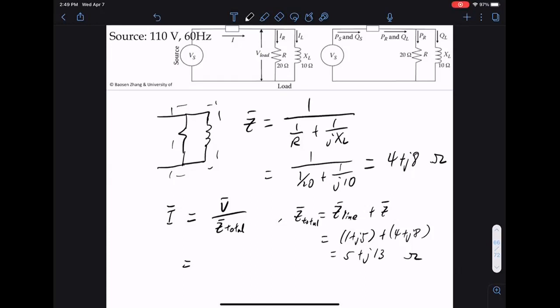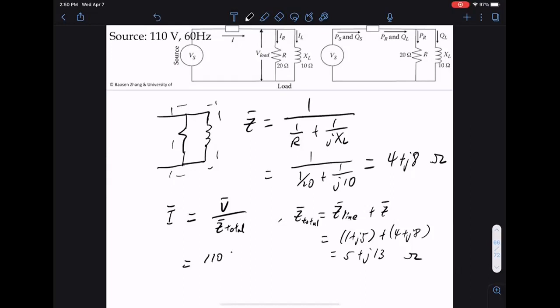Do I have to divide by √2 here? No, right? Whenever a voltage is stated, it's assumed to be RMS unless explicitly said otherwise. If you see a statement that says the source is 110 volts, that means it's 110 volts RMS. That's always the convention. The vast majority of the time, it is RMS voltage.